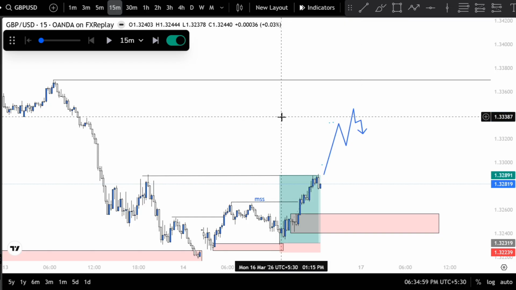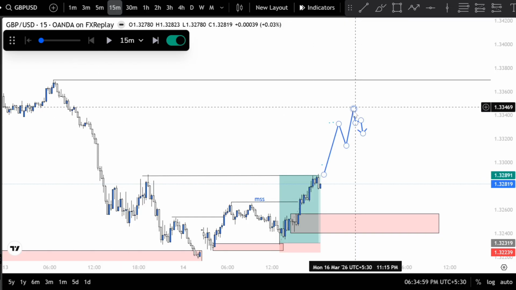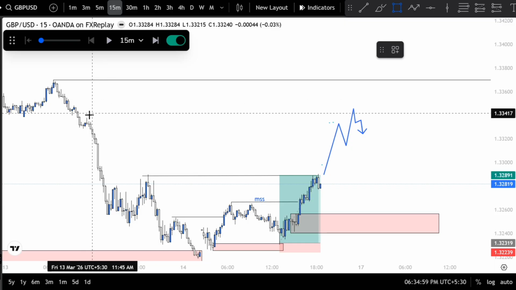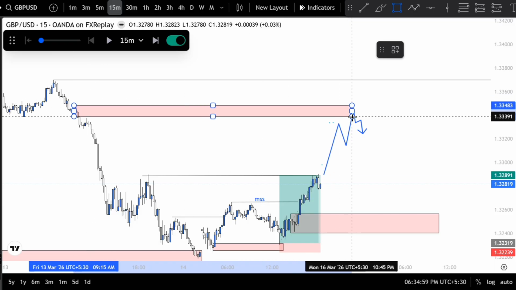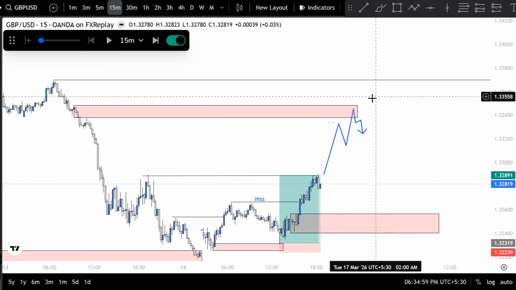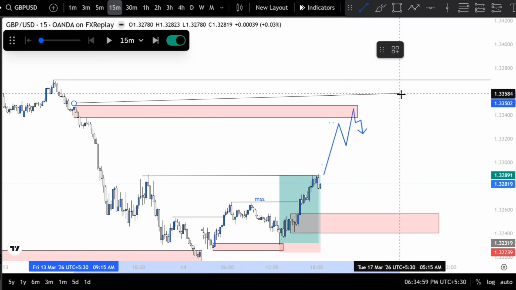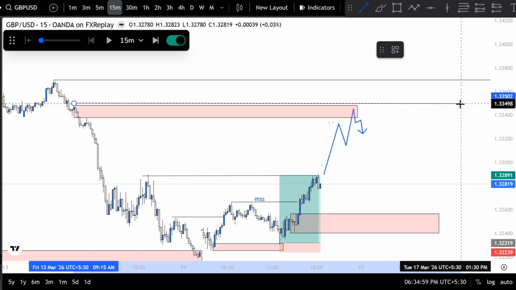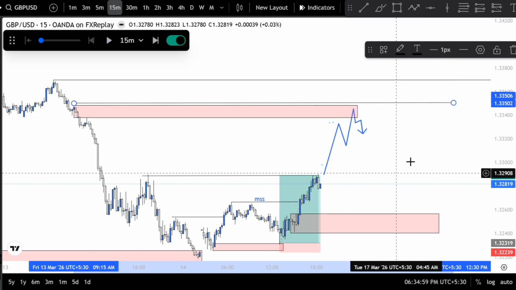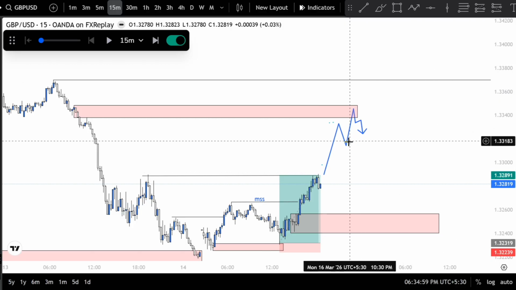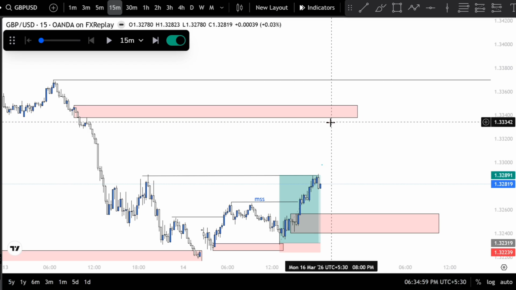Now we can understand that sellers are active in this area, which means there is quite a bit of liquidity over this area to target for future targets around this area, right? So this is the basic logic of how liquidity works and everything.